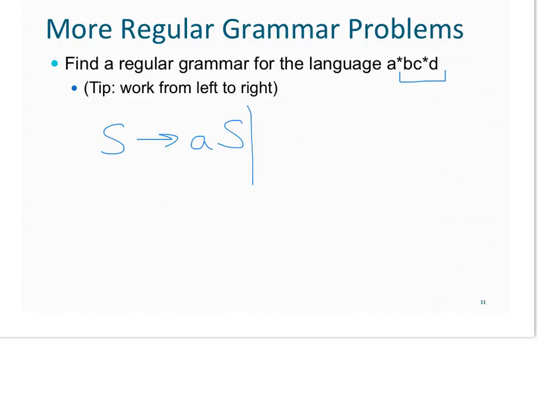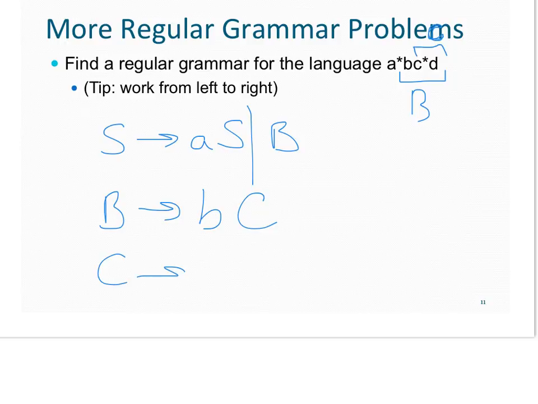And I'm going to call the rest of this stuff B. And I guess B is going to go to a little b followed by a C, where I'll call C this rest of the stuff. And to do the C part, well, now I'm just trying to do C star D, so C goes to little c, big C, or we could end with a D, right?